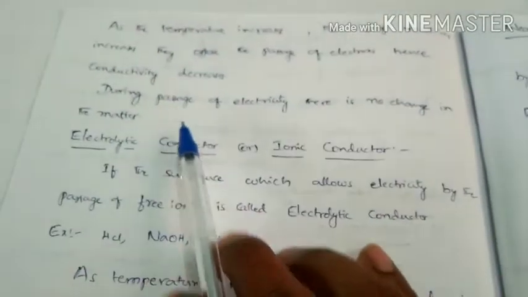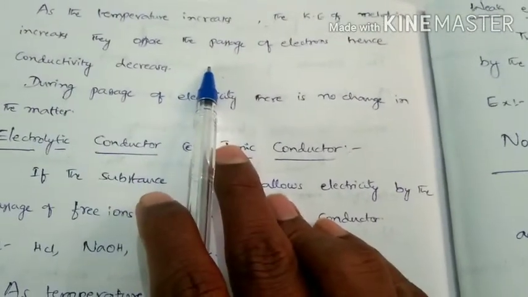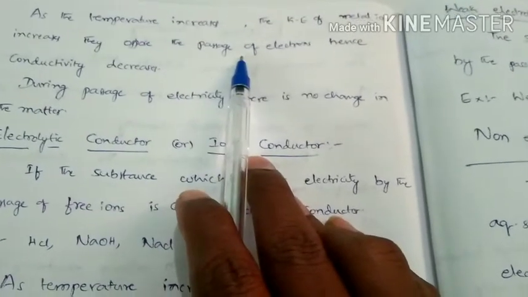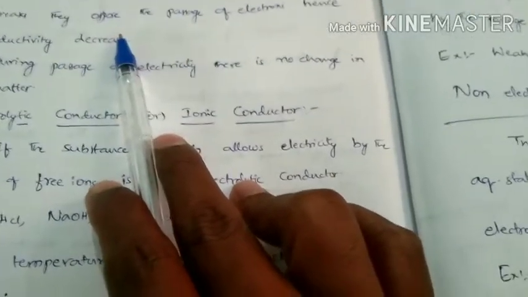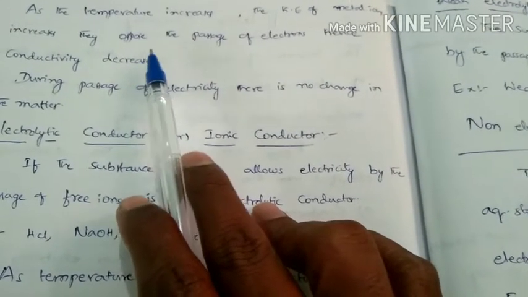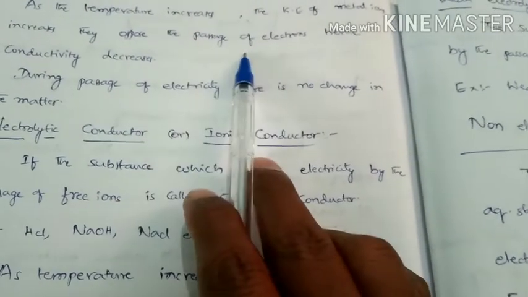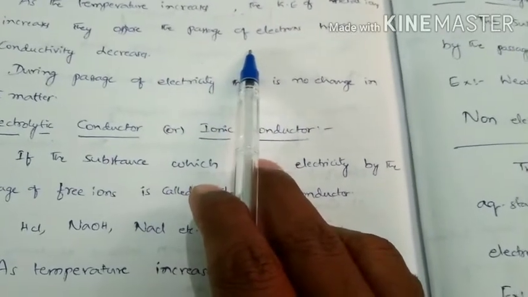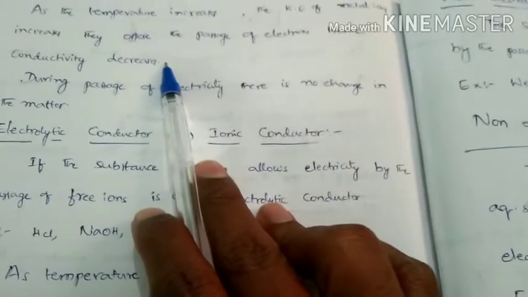So there are some more points regarding this one. As the temperature increases in metallic conductors, the kinetic energy of metal ions increases. Then those metal ions oppose passage of free electrons. Automatically, if they reduce passage of free electrons, its conductivity decreases.